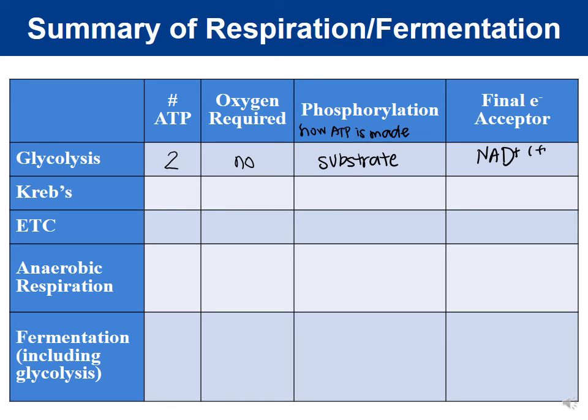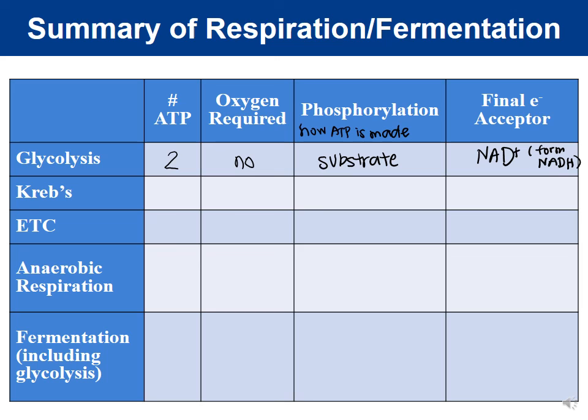And it's going to form NADH. So the electrons from the food are going to get transferred onto NAD+, and it's going to form our NADH. So we get our NADH from this process, and the NAD+ is what's taking the electrons during this step. So you're going to fill in the rest of this table for your participation.